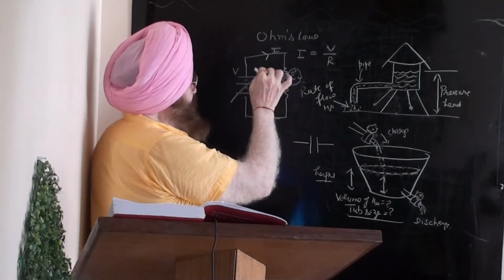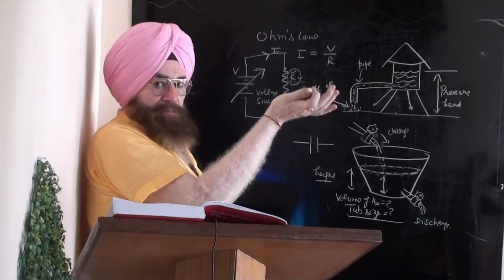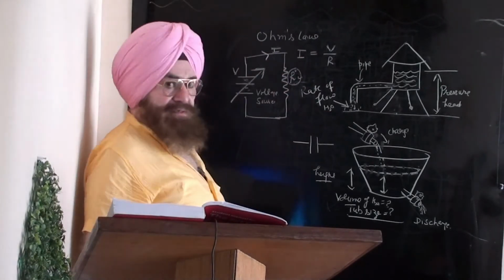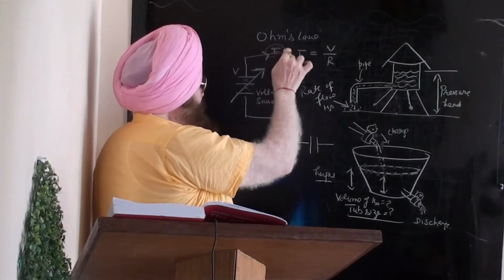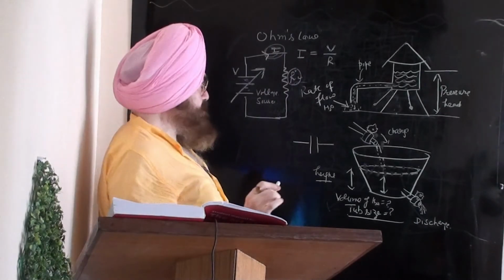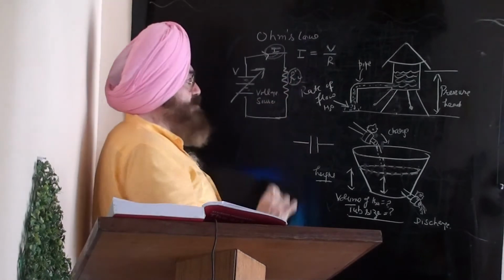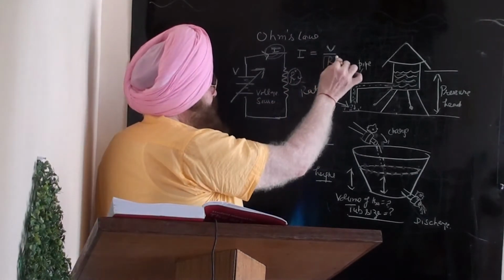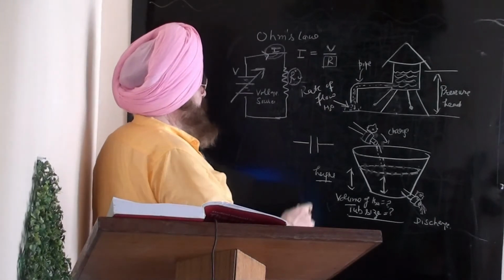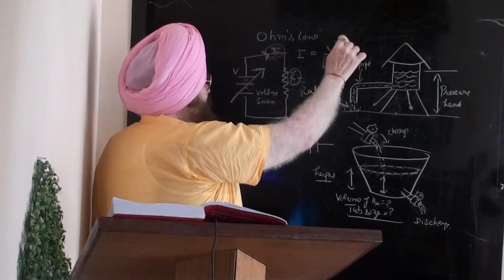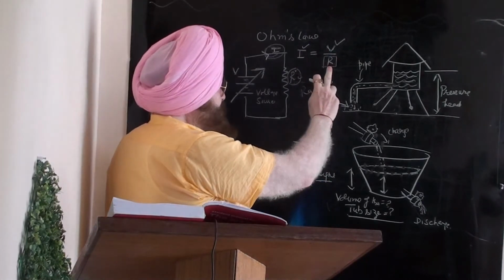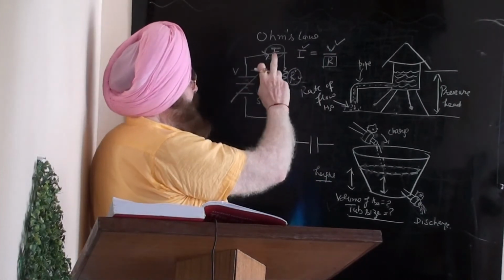Go on increasing this voltage, going up and up. Current increases exactly proportionally. For a given resistor, if R is fixed, increasing V, I will increase.